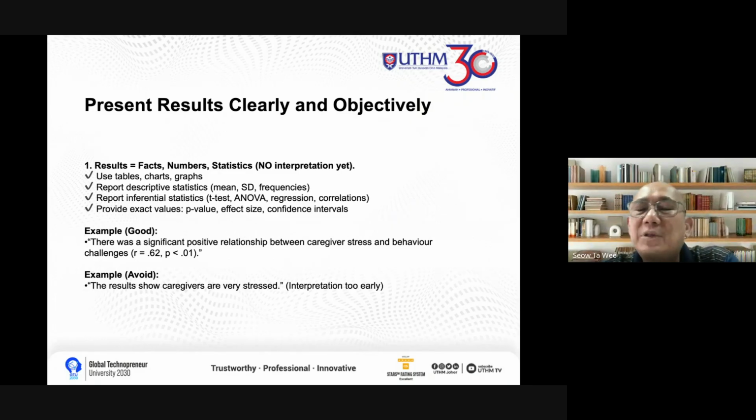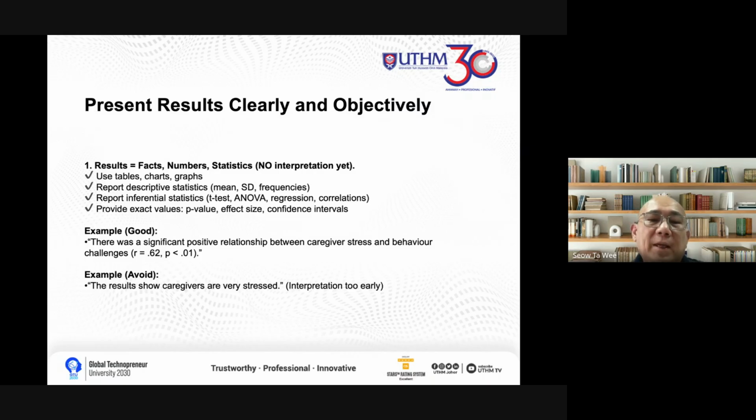For any type of analysis, you take the result from SPSS and then try to summarize and elaborate.